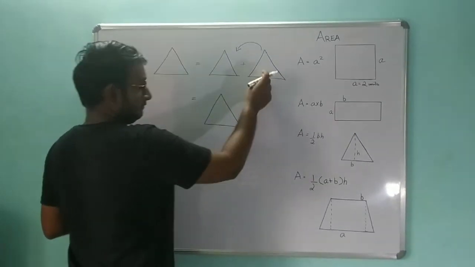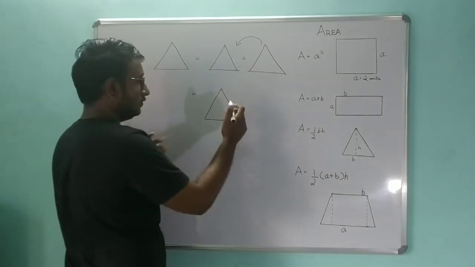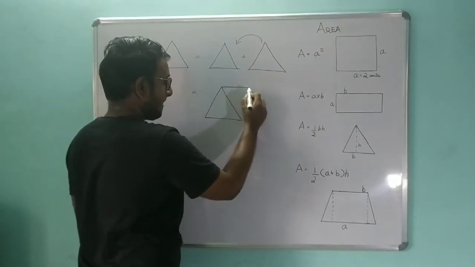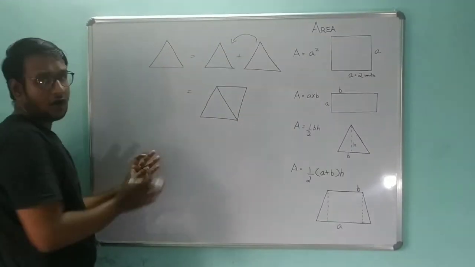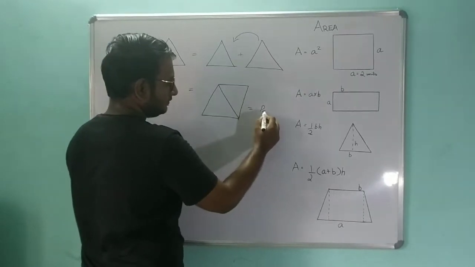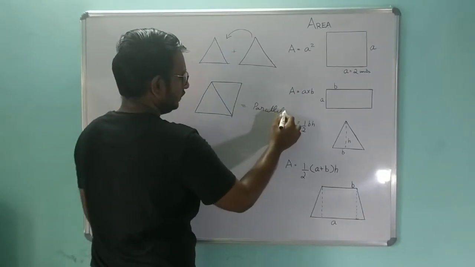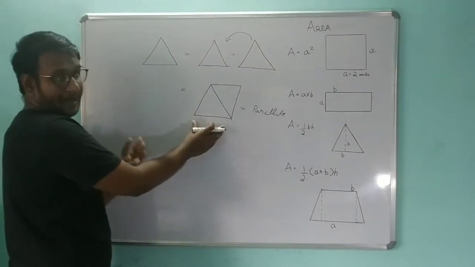What am I making? I am making this triangle inverted and fixing this triangle here. I am fixing like this. So what are you seeing now? Yes, it is a parallelogram. With a single triangle, we evolved into a parallelogram.